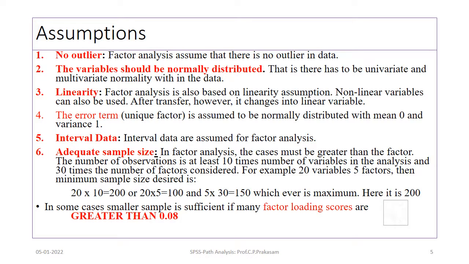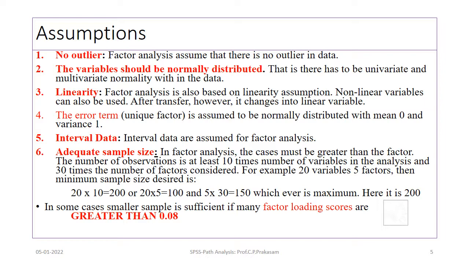What are the assumptions involved? One of the foremost assumptions is that the observations should not have outliers. Factor analysis assumes that there are no outliers in the data. The variables should be normally distributed, that is, there has to be univariate and multivariate normality within the data.